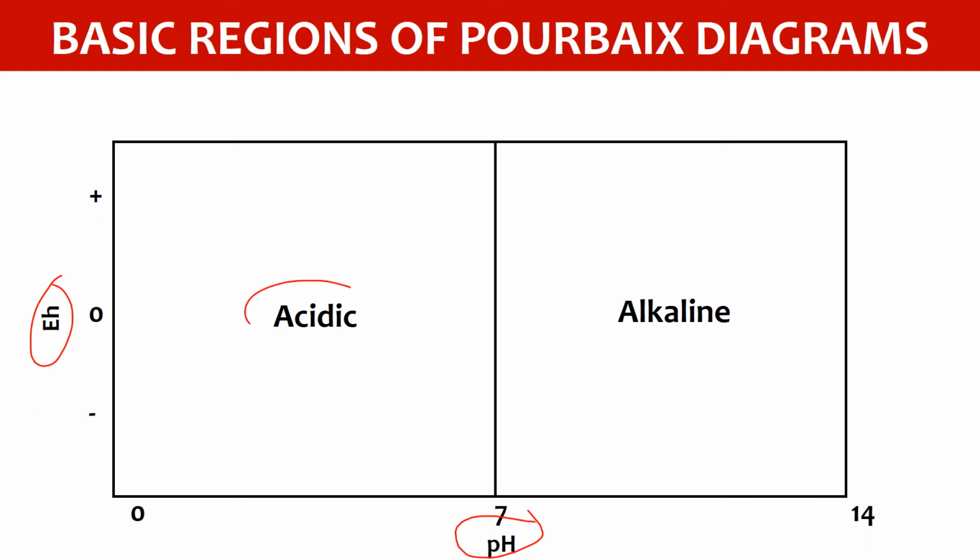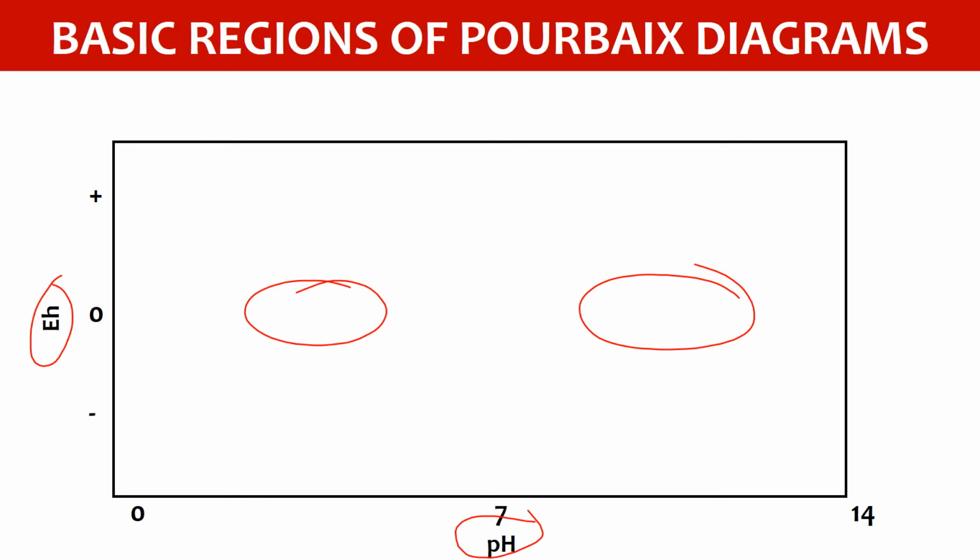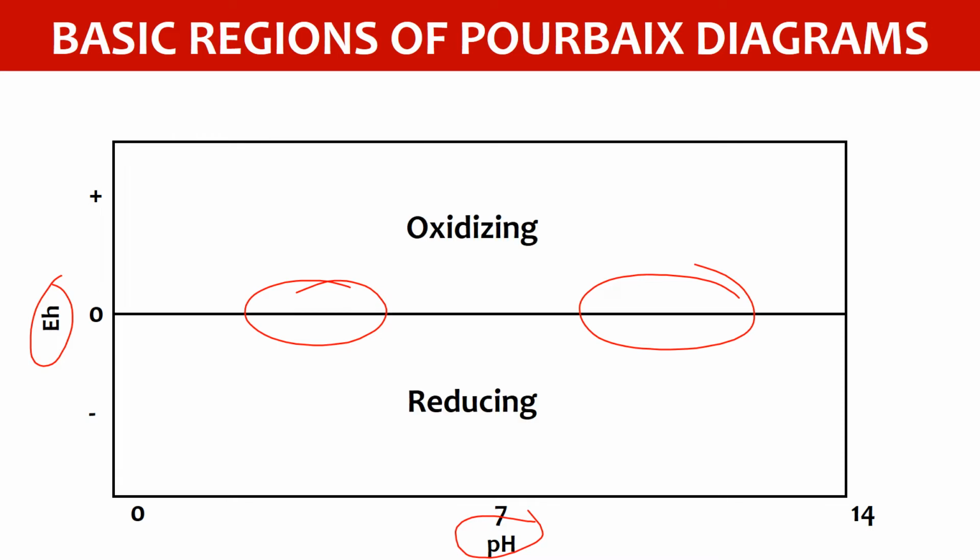Below 7 we've got acidic pH, and above 7 you can call it alkaline conditions. Now this is your potential at 0. Below potential 0, these are reducing conditions, and above potential 0, these are oxidizing conditions.